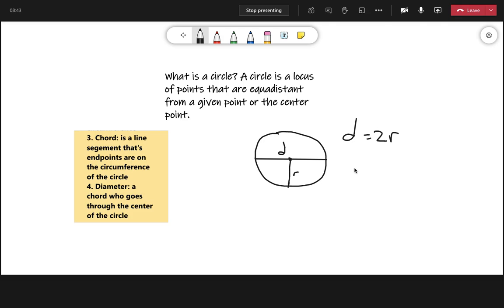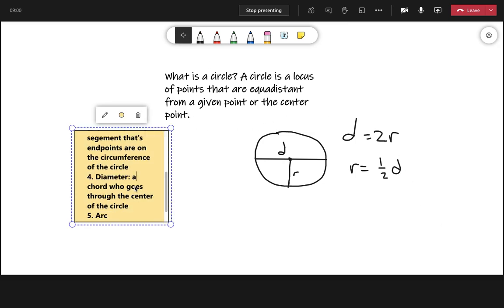Or if you're trying to find the radius given the diameter, the radius is 1/2 the diameter. Those are going to be important in a few minutes when we go over different questions. So make sure you guys at least know the difference between diameter and radius as we go into the next section. And then we're going to talk about arcs and central angles.